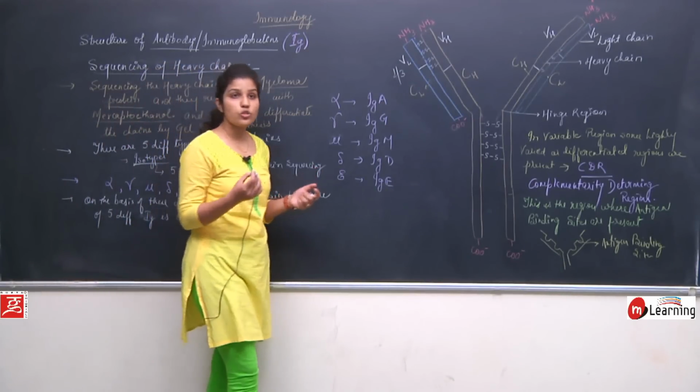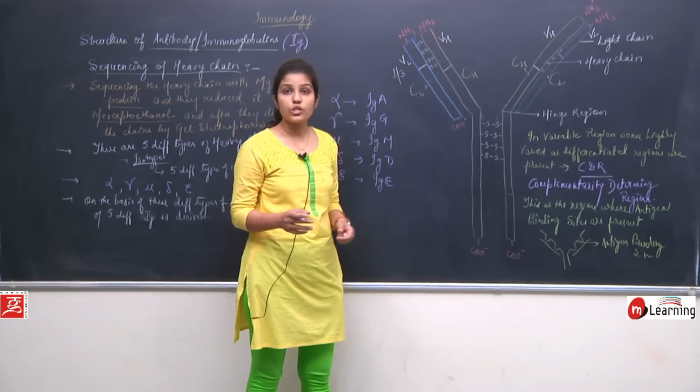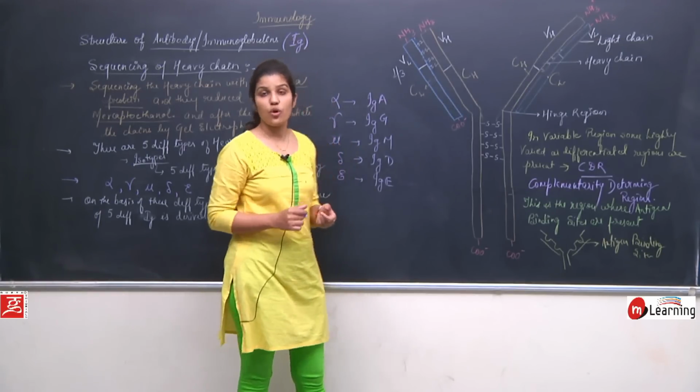Likewise, they also sequenced our light chains, and they got 2 more isotypes of light chains.